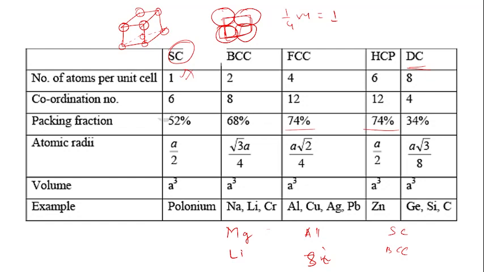Actually, diamond cubic is a modified FCC only. As he said, it is somewhat like FCC only. In FCC also we have atoms here.